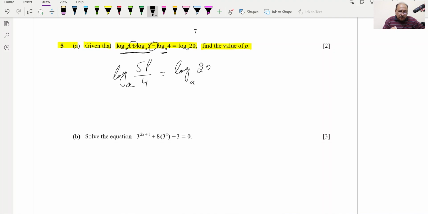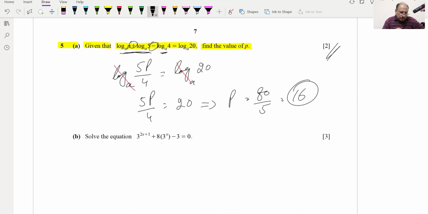Now log with base a from both sides we can cancel, and we will get 5p over 4 is equal to 20. This implies p is equal to 80 over 5, which is equal to 16, and this will be the 2-mark answer.